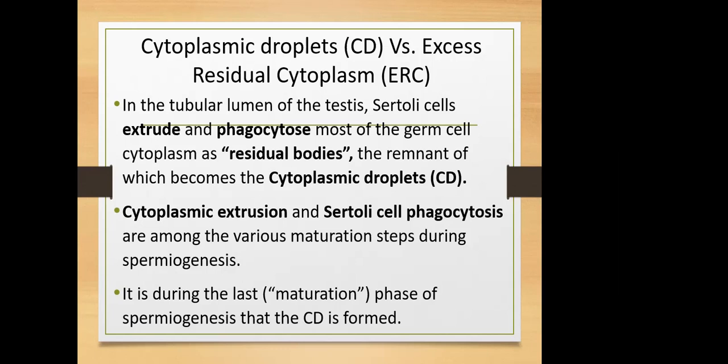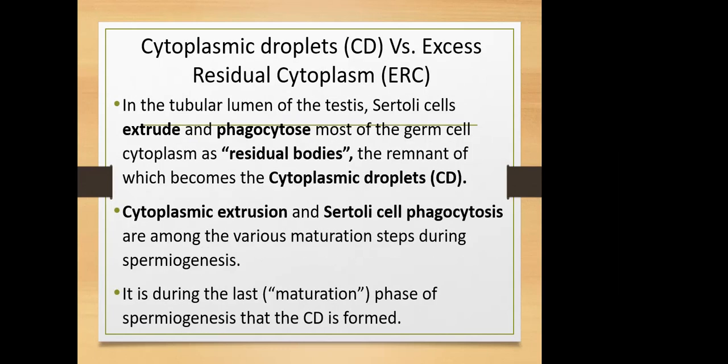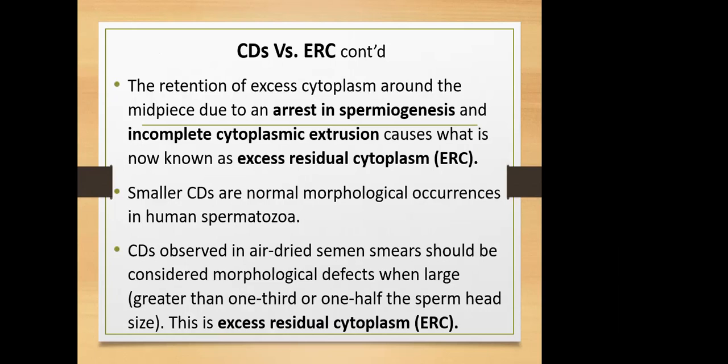In that case, they are no longer cytoplasmic droplets. They are excess residual cytoplasm, and that's called ERC, excess residual cytoplasm. So now we are going to look at excess residual cytoplasm versus the cytoplasmic droplets.